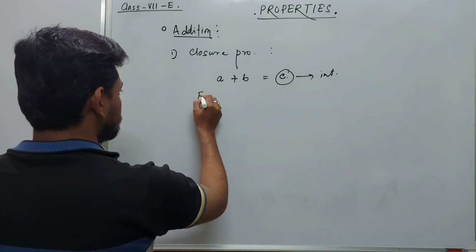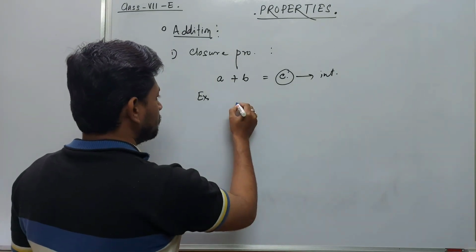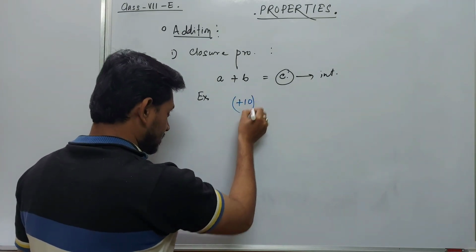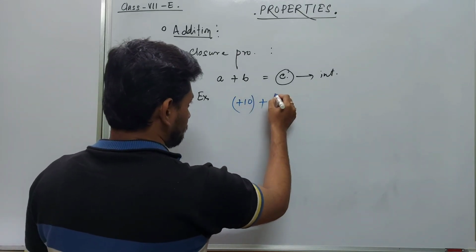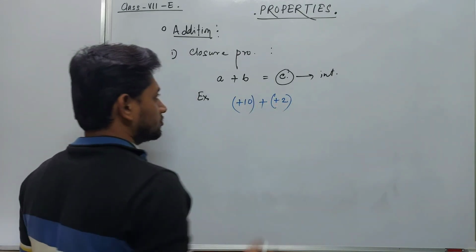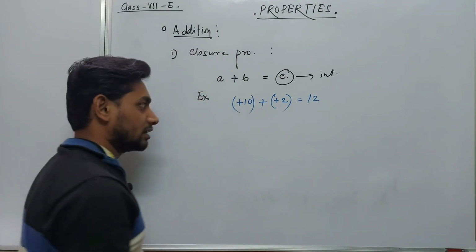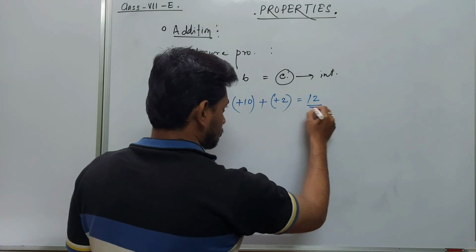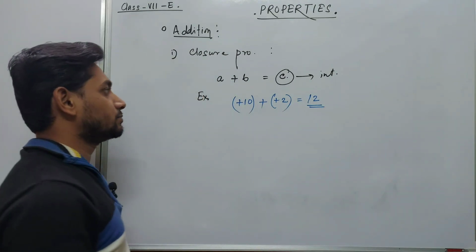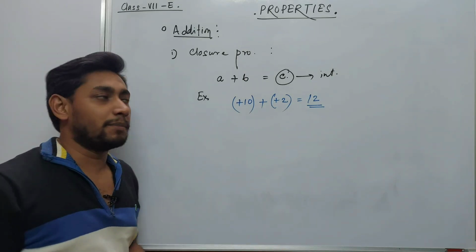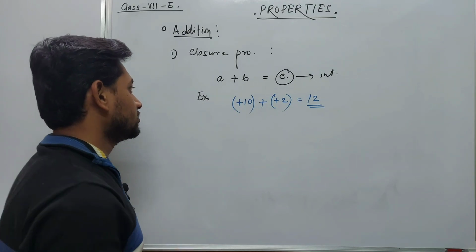For example, if we write plus 10, which is an integer, plus 2, the result will be 12, which is also an integer. This is the closure property. If we add two integers, then the result is also an integer.